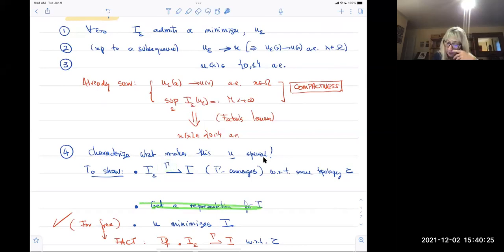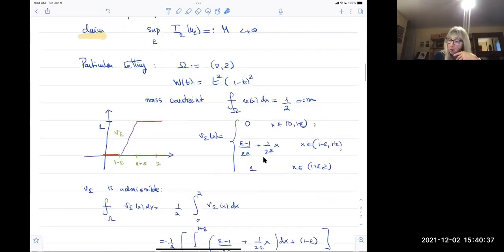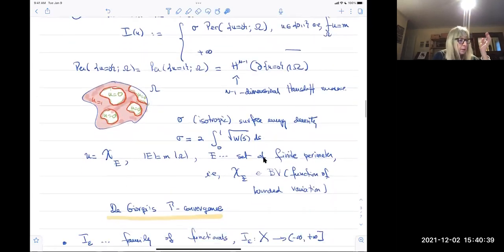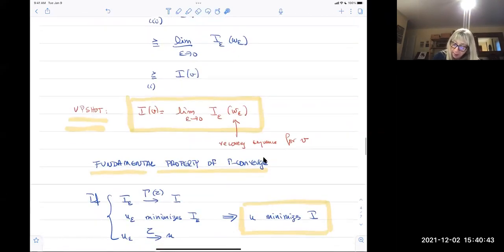This part is done. And now I'd like to prove that for every epsilon, I epsilon admits a minimizer. Probably I just announce it because I won't have time to go over this.